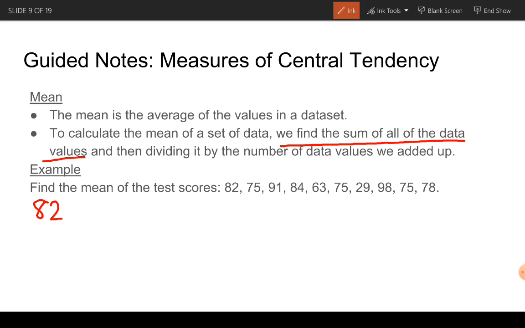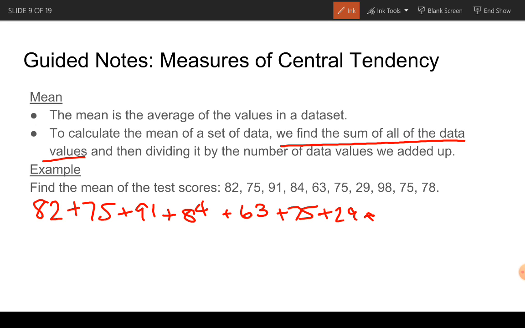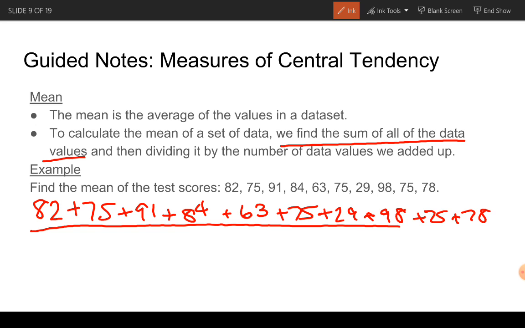So 82 plus 75 plus 91 plus 84 plus 63 plus 75 plus 29 plus 98 plus 75 plus 78, all divided by our next step.